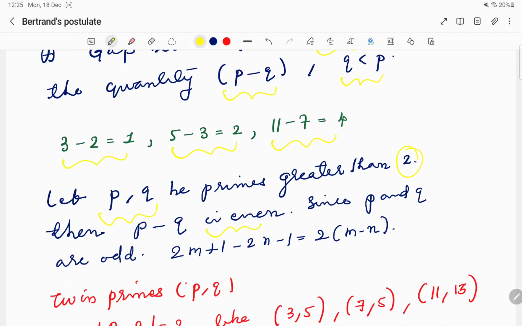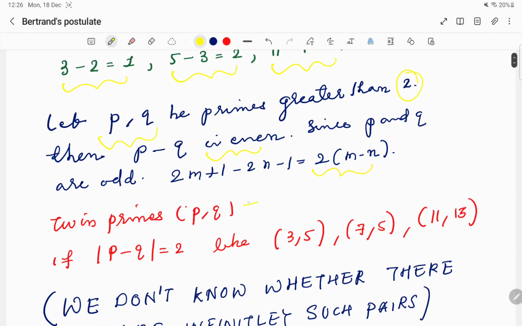Because primes are odd numbers except the number 2. So the difference of odd numbers is going to be an even number, right? If it involves 2, then it would be odd. Otherwise, if you take two prime numbers greater than 2, the difference is always even.